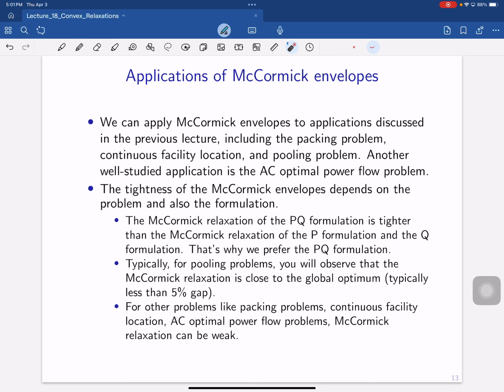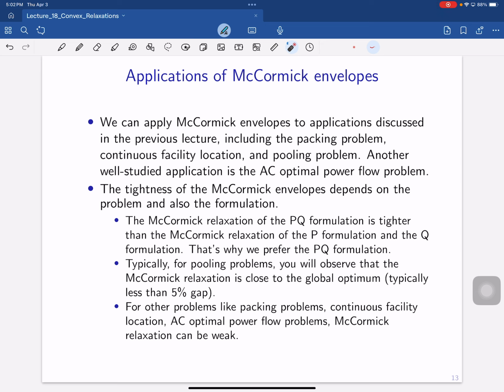Now, I still owe you something we talked about in the previous lecture. In the pooling problem, remember we covered 3 different formulations, the P formulation, Q formulation, and PQ formulation, right? I said the PQ formulation is tighter than the P formulation or the Q formulation. Although the non-convex problems are equivalent, their convex relaxations are different.